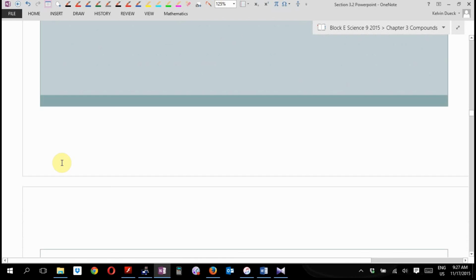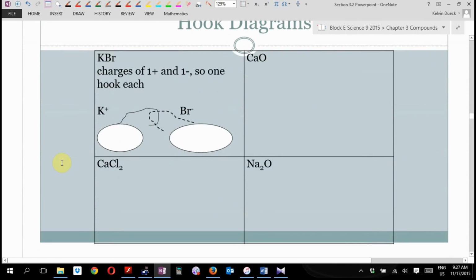So there's these things called hook diagrams. I can't draw and I'm not visual. Martin, I find the math works well for me, but some people like the visual analogy. So KBr, here's a K+, it's got one hook. Br has one hook because it's a 1-. All the hooks are hooked onto other hooks. I realize that's a lot of saying the word hook, okay, but that works.